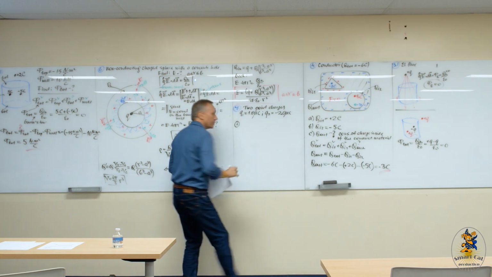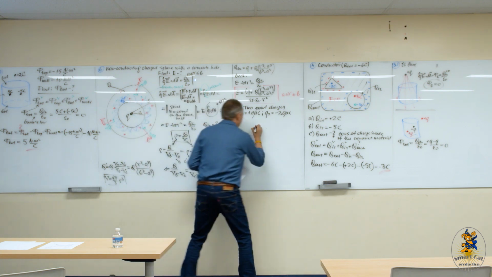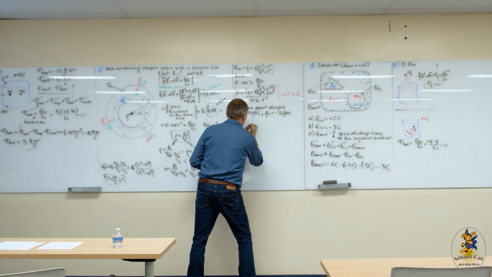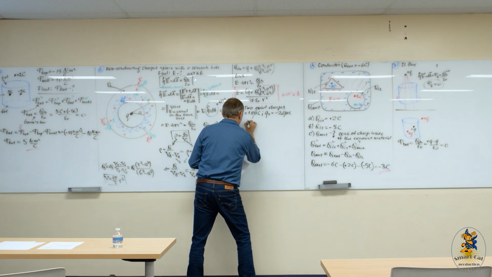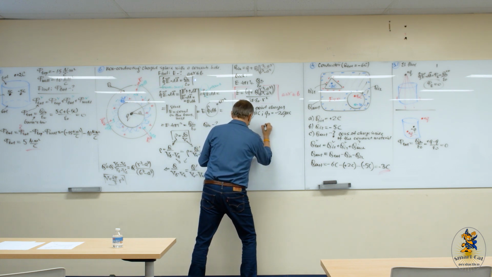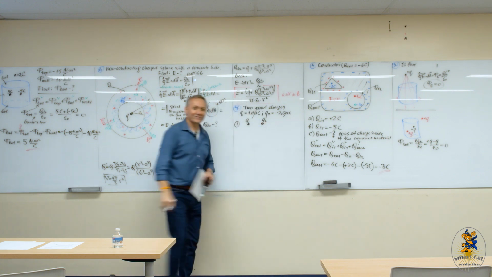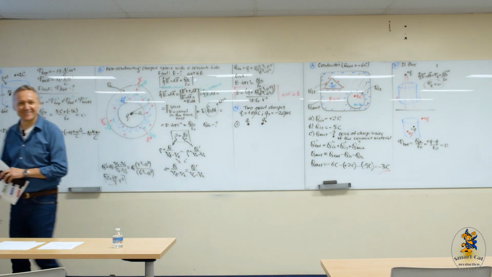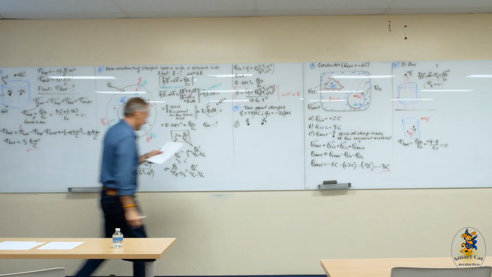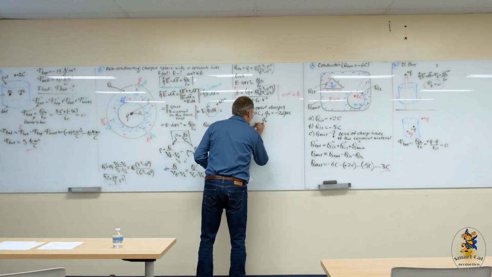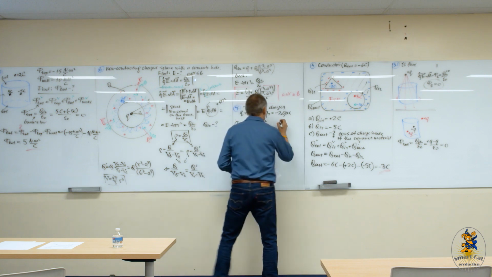Initial situation, I. So let's say this is my Q1. This is my Q2. Distance L. L is 0.5 meters.